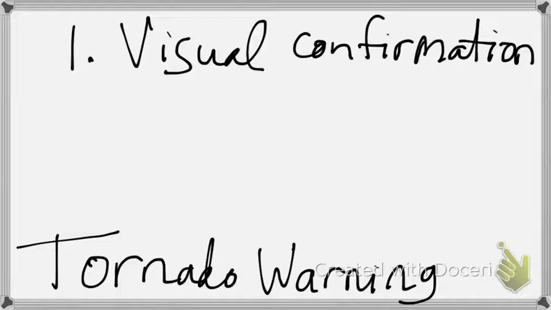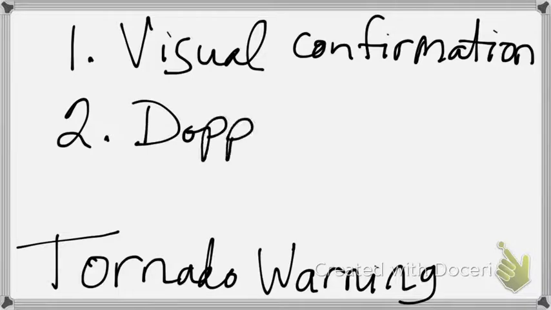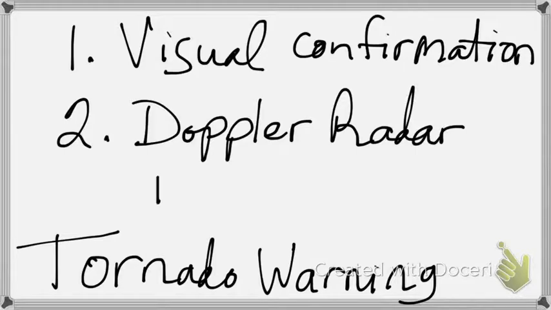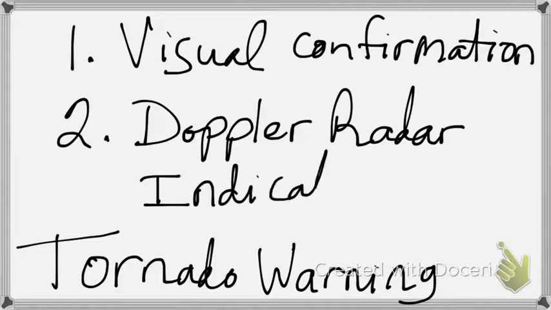Those are the only people that can really officially report a tornado. Or the Doppler radar can indicate a tornado. A Doppler radar can see rain and other stuff swirling around a location, and that could generally get you a tornado.